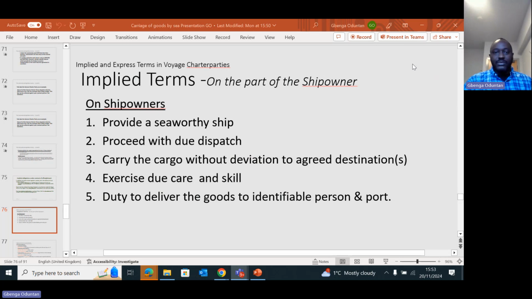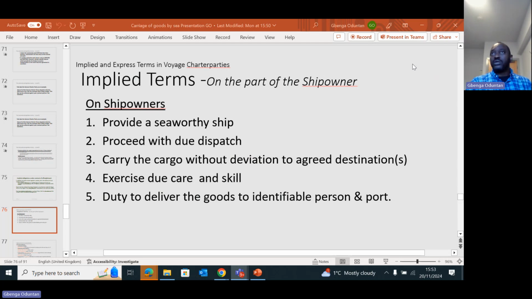They are similar, and they include the duties on the ship owner to provide a seaworthy ship. We've had that before. To proceed with due dispatch. We've had that before. Don't deviate. To carry goods without deviation between two destinations. To exercise due care and skill. And the duty to deliver the goods to an identifiable person and at the right port.